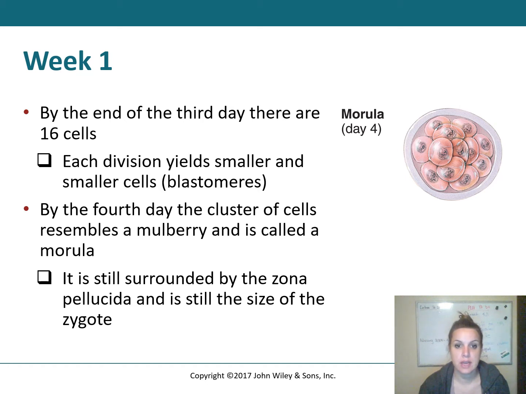By the fourth day, the cluster of cells resembles a mulberry, and that's why it's called a morula. It's still surrounded by the zona pellucida, and it's still the size of the initial cell, which was called a zygote.